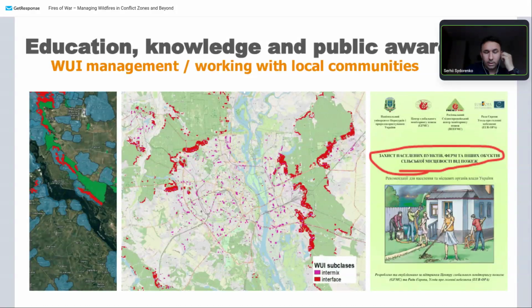And now we have this recommendation, but we don't actually have wildland-urban interface mapping. So now we are starting a process of mapping the wildland-urban interface all around Ukraine, with definition and prioritization of the most fire-dangerous zones, which have a higher priority for forest treatment or management in these wildland-urban interface areas.